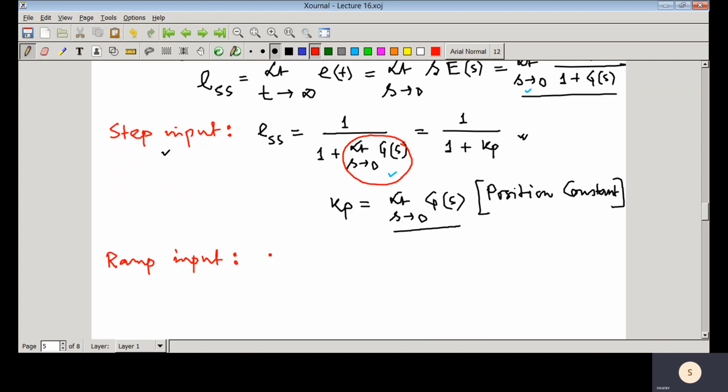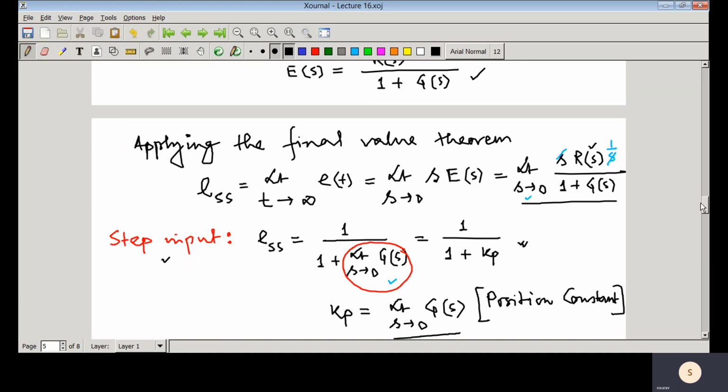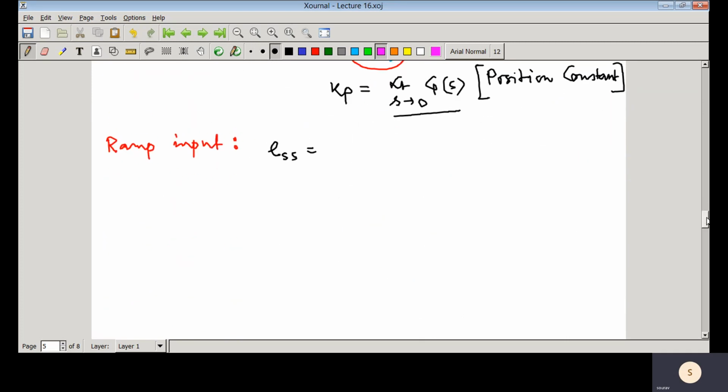If we apply ramp input, then you can see the steady state error, because this expression we have already derived, this is the general expression for a unity feedback control system: steady state error equals limit s tends to 0 of s R(s) by 1 plus G(s). Whenever you apply a unit ramp, that would be 1 by s square. So then one s and one s will be cancelled out, and in the denominator one s is there.